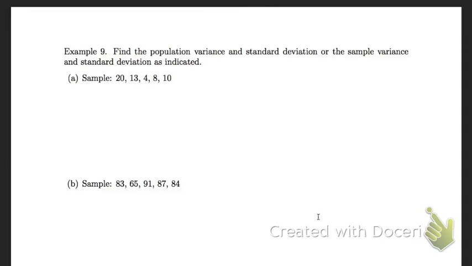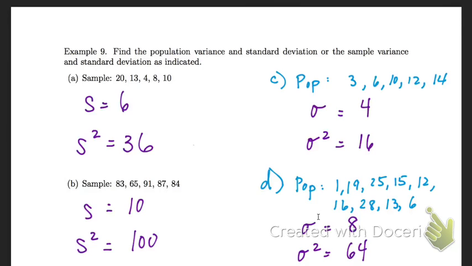For this, you're sitting at a table. I want each one of you to take A, B, C, or D. I got C. You're typing in the list of data to find the sample and population standard deviation. The main thing is looking for whether it is sample or population.